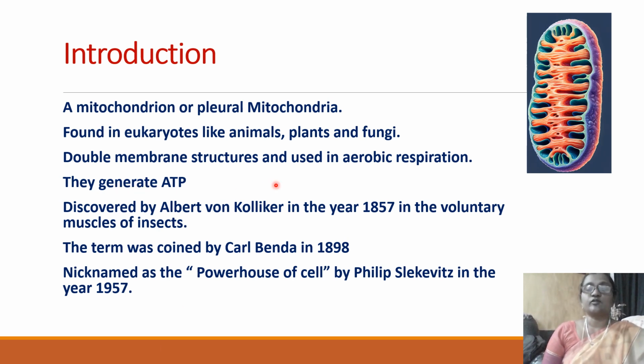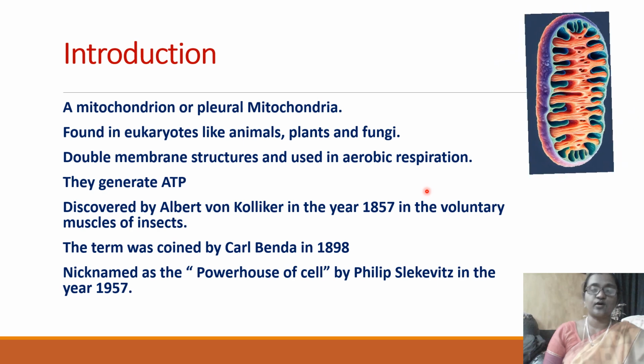One special thing about these is that they are double membrane structures and they are used in aerobic respiration. These mitochondria are involved in the generation of ATP, which is the chemical energy used by all our living cells.